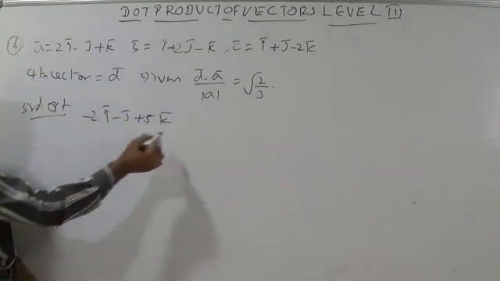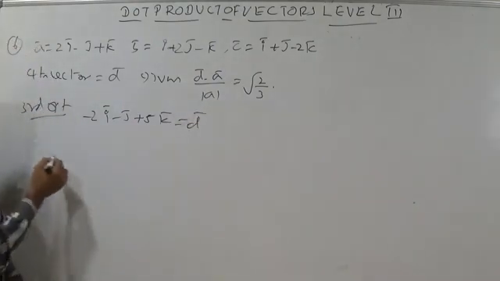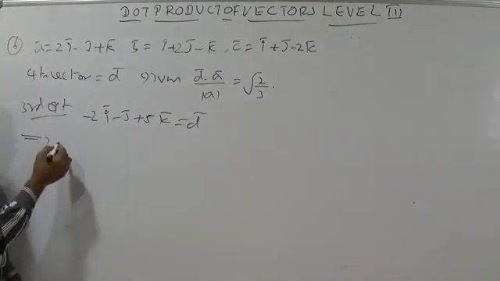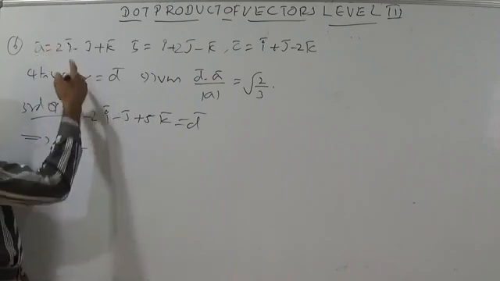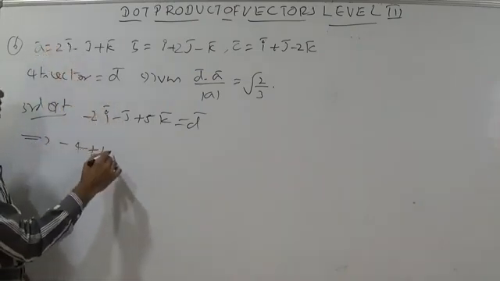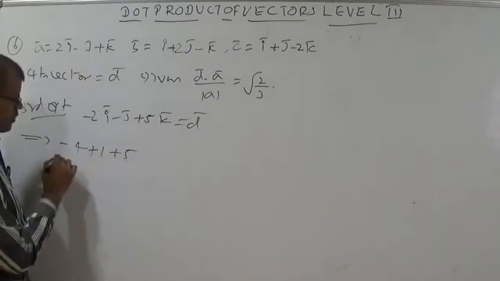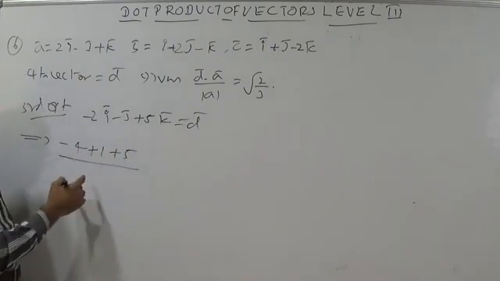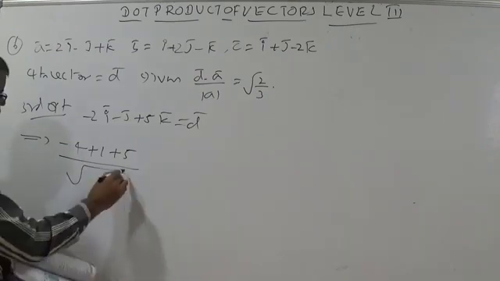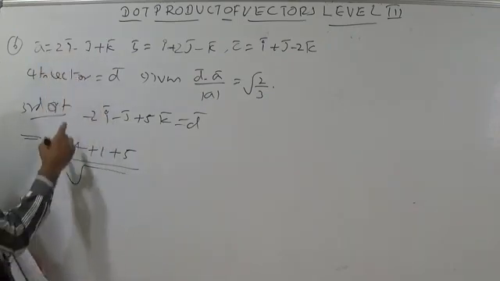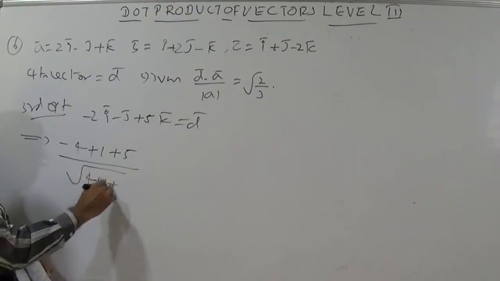Now you write, let this be d bar. That implies d bar dot a bar is minus 2i into 2i, minus 4, you write, minus 1 plus 1, and this is plus 5, by mod a bar. Over this magnitude of a bar, 4 plus 1 plus 1.